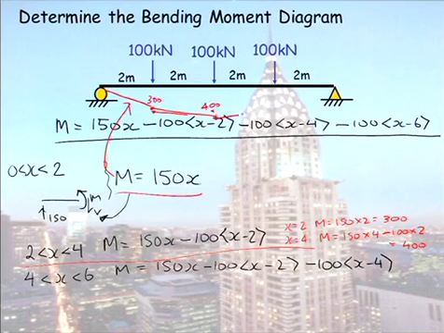If you continue plotting all of these, you get a bending moment diagram. These are all meant to be straight lines. That looks like so. And the beauty of it is that those 4 lines there, if I asked you to define them, you would have said between there and there it equals that, between there and there it equals that.